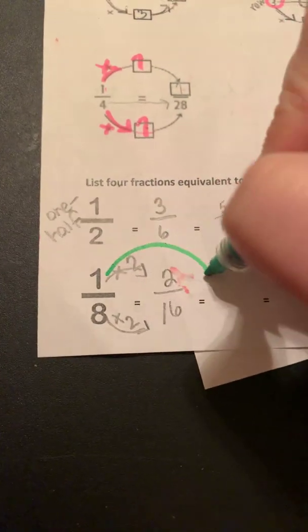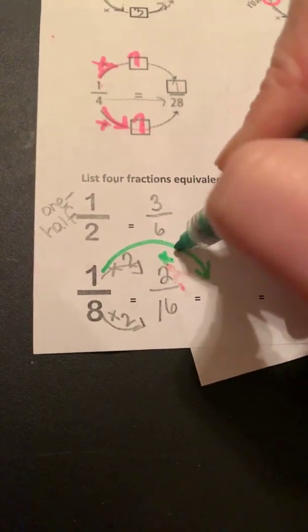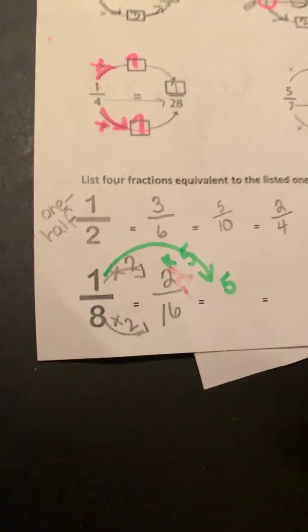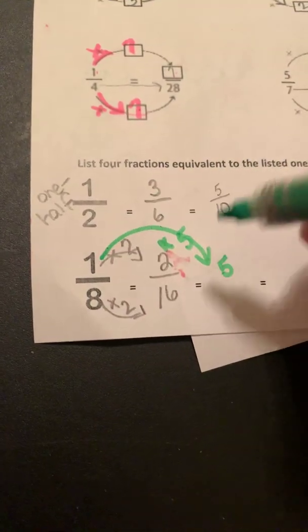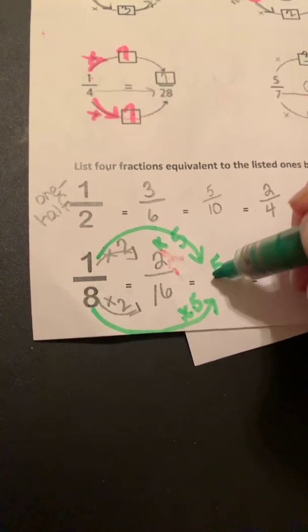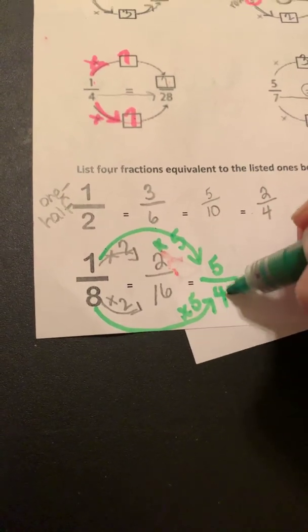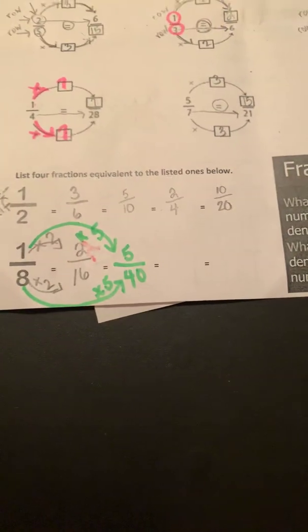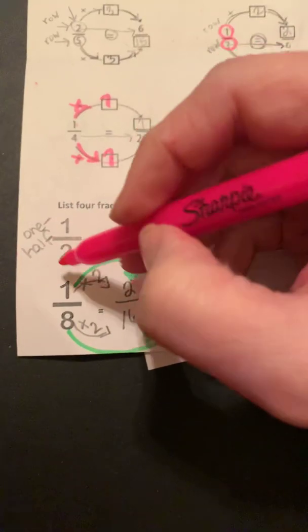Okay. We're really good at multiplying by 5's, right? What's 1 times 5? 5. And if you're going to jump 5 spaces on your 1 row, you better jump 5 spaces on your 8 row. What's 5 times 8? 40. So 1/8 is equivalent to 5 40ths. I'm really good at tens too. 1 times 10 is 10.